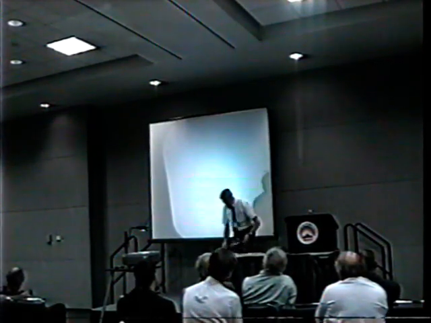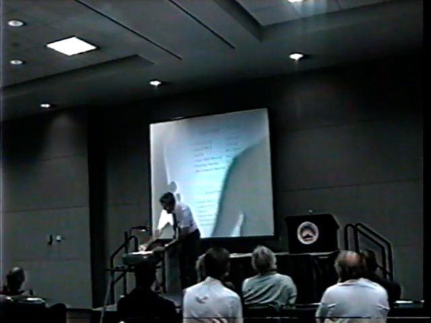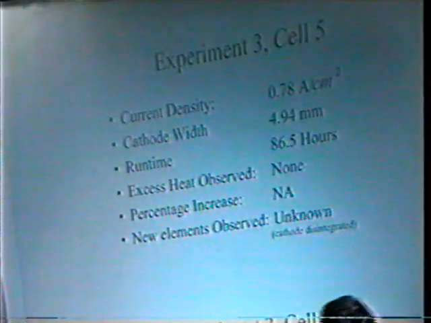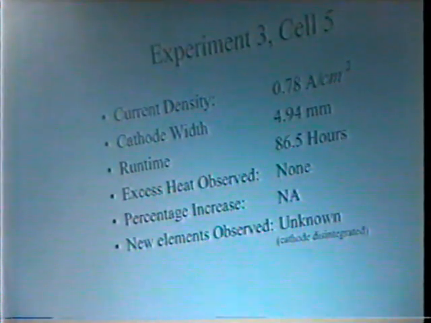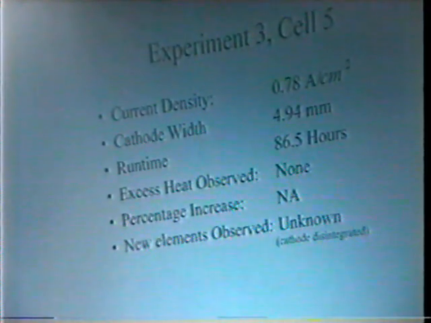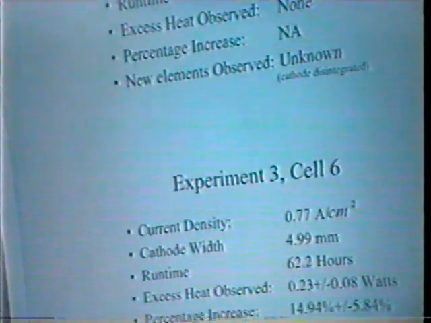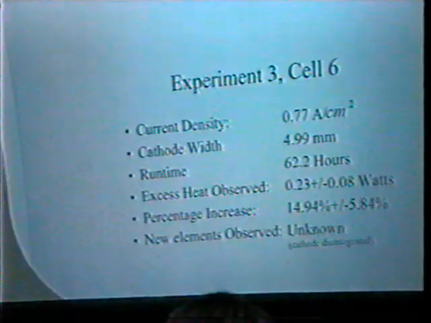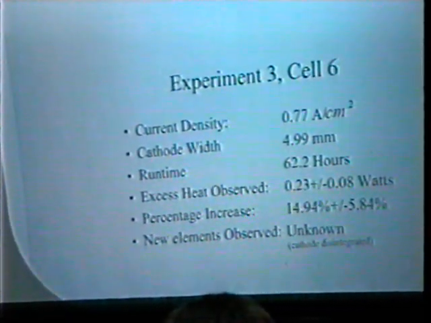Here's another set of results from that experiment. We have cells 5 and 6, which again were supposed to be the same. Cathodes about 5 millimeters wide. Current density much less than the other set I talked about.